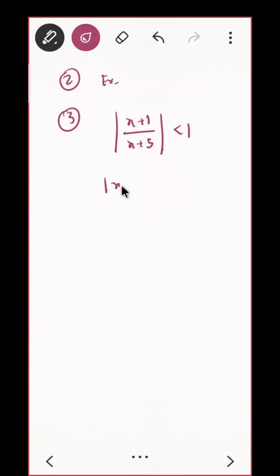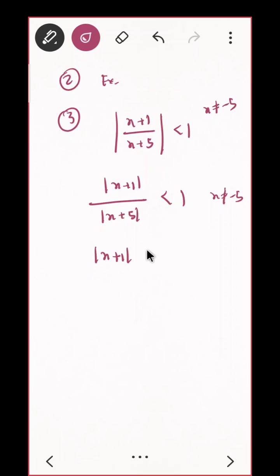So this will be mod of x plus 1 upon mod of x plus 5 is less than 1. Is that okay? And in the question they are saying x is not equal to minus 5. So your x is not equal to minus 5. Correct? So can I multiply both sides by mod of x plus 5? Means can I write it like this? Mod of x plus 1 is less than mod of x plus 5. Can I write it like this?